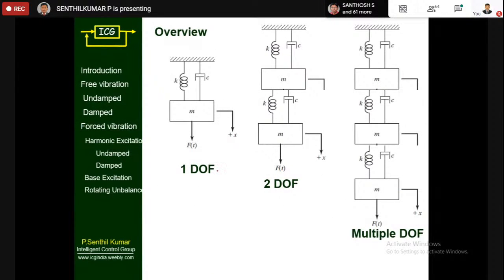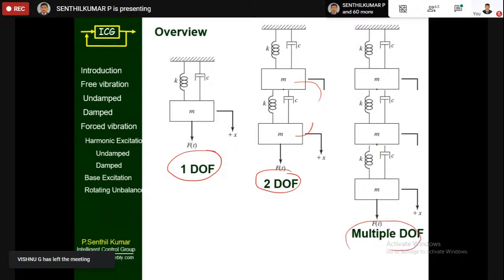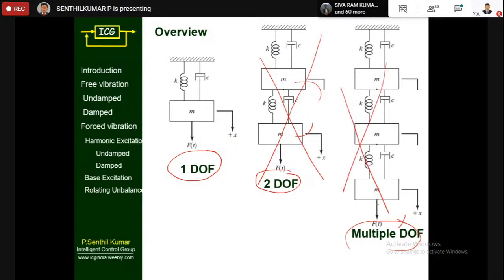This is the difference between degrees of freedom. One mass, one spring, one damper is single degree of freedom. When you have 2 masses, it is called 2 degrees of freedom. Multiple masses, multiple degrees of freedom. At UG level, we will focus only on single degree of freedom.